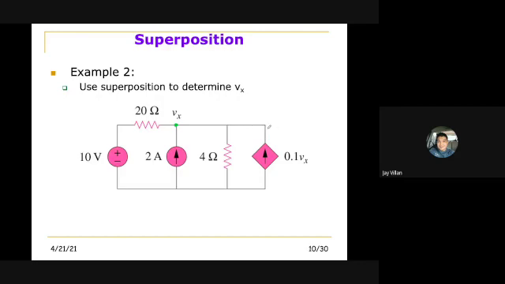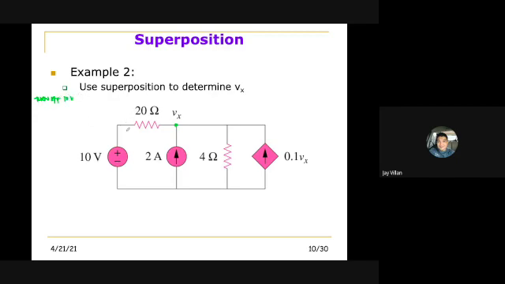Okay? So sa to unahon, 10 volt source. Okay? So turn off 10 volt. Okay?